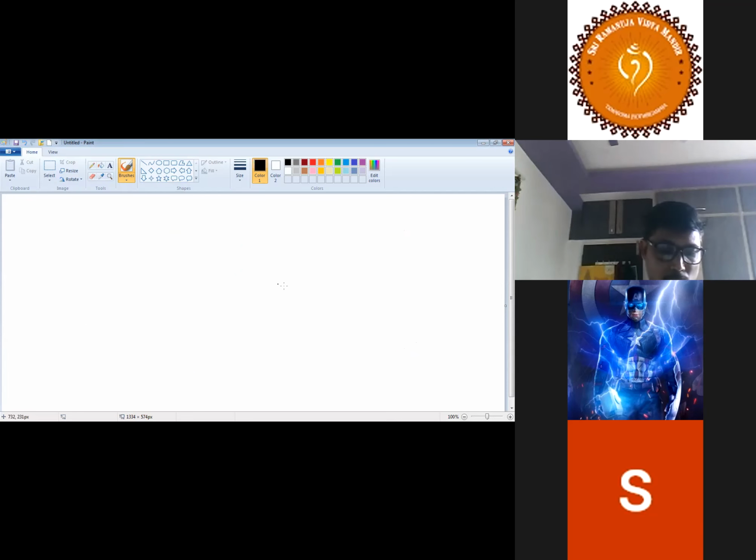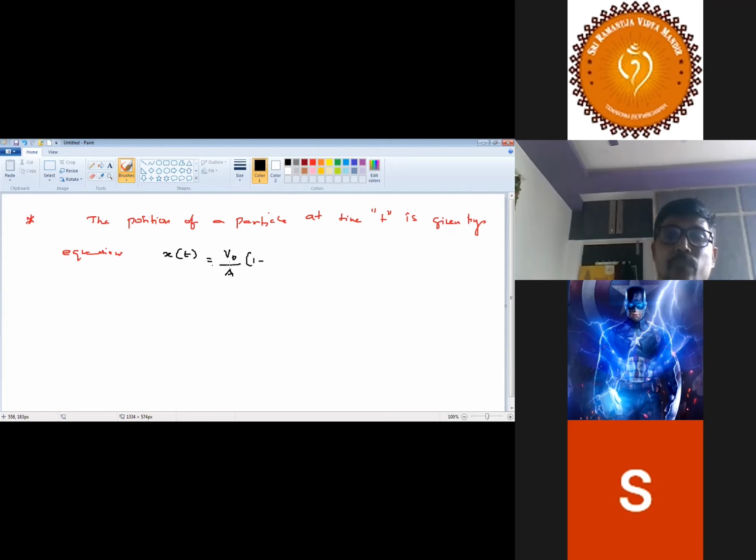Going for the next question. The position of a particle at time t is given by the equation x of t is equal to v naught by a into (1 minus e power minus at).